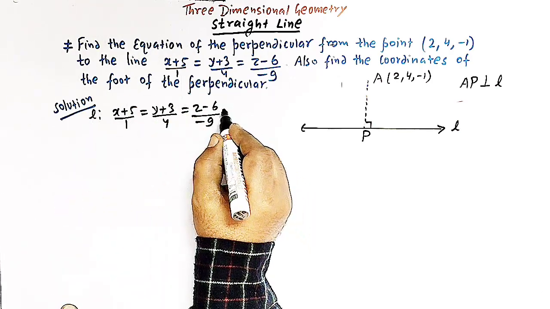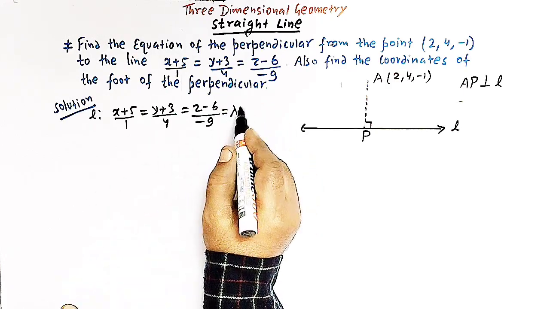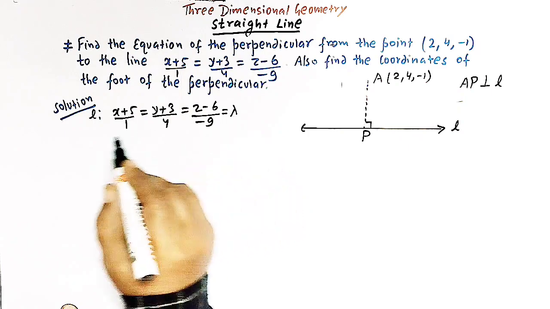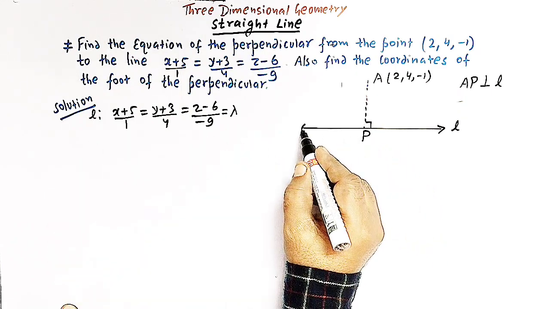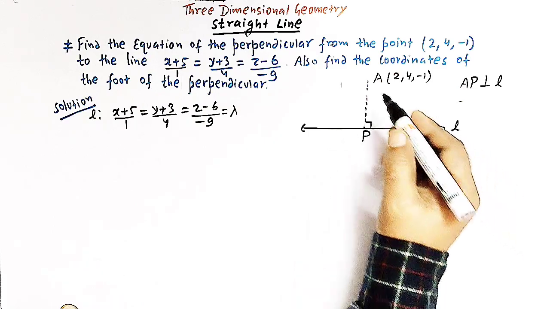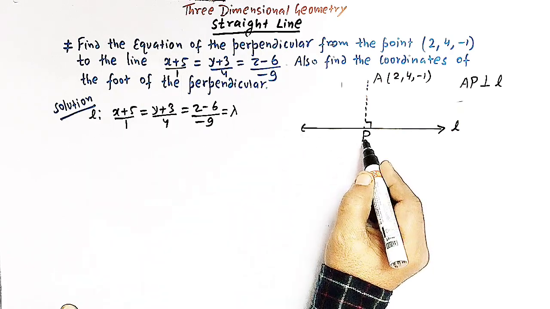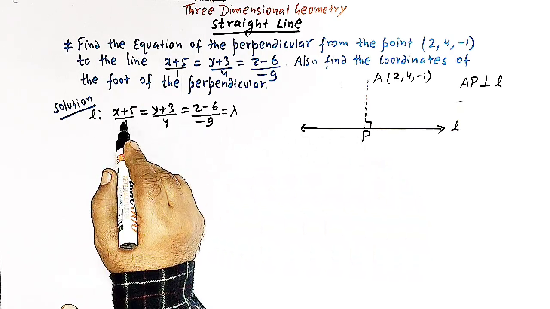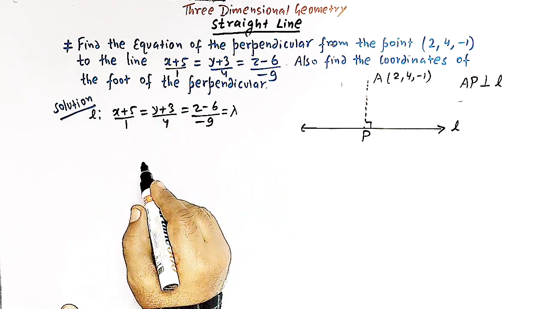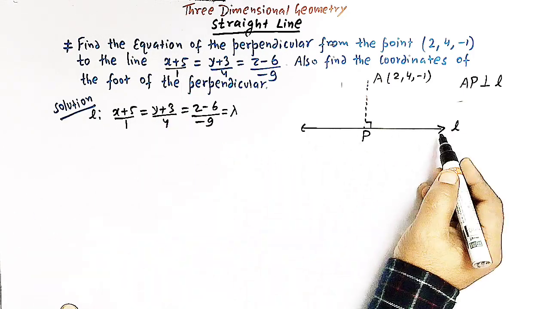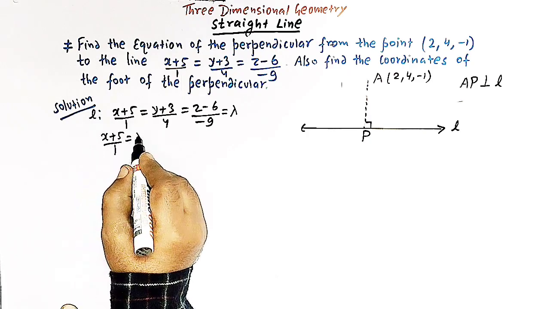So AP is perpendicular to this line L, and the equation of the line L is given by this equation, right? So let us take a scalar lambda here. The purpose of taking this lambda is to find the coordinates of this point P, which lies on this line L and this line AP. The coordinates of this point P may be obtained using the concept of a general point on a line. So we can now write (x plus 5) over 1 is equal to lambda.